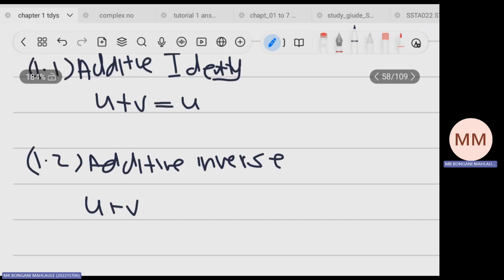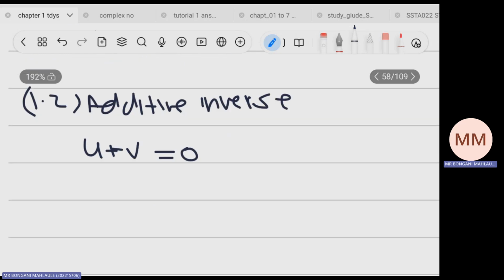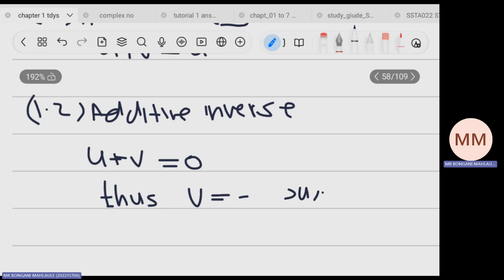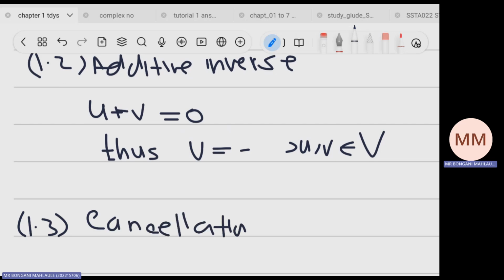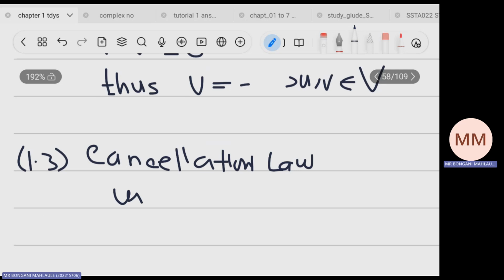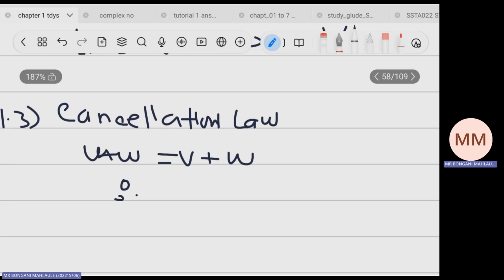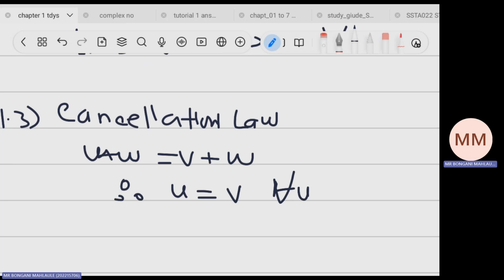U plus V must give us 0, and therefore, thus V must be equal to negative U, where U, V is an element of V. The third one is the cancellation law. U plus W will give you V plus W, and then therefore U must be equal to V for all U, V being in V.